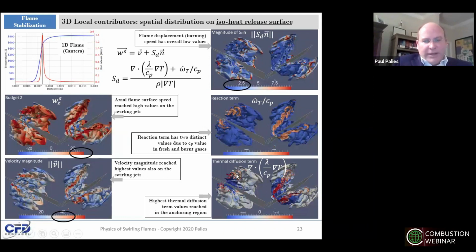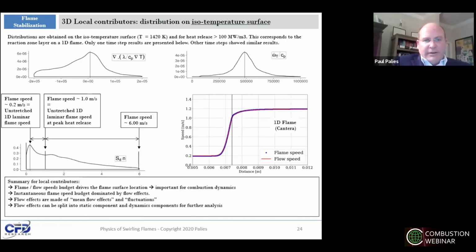And by interrogating the data like that, we can extract the key stabilization mechanisms based on the flame surface speed budget. So in addition to the flame surface visualization, we can look at the iso temperature surface.